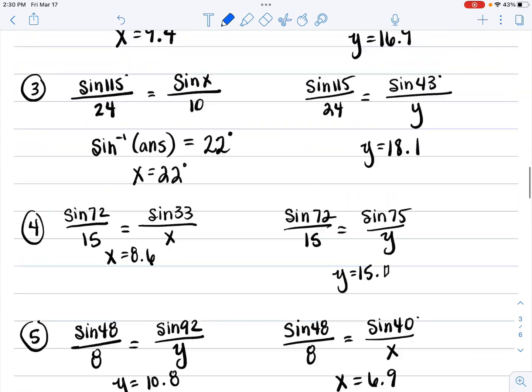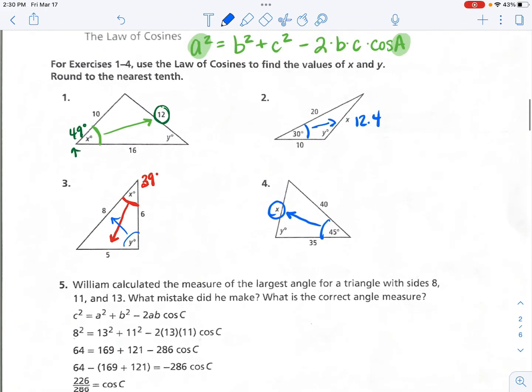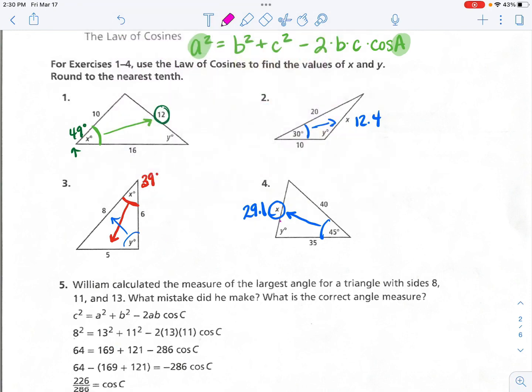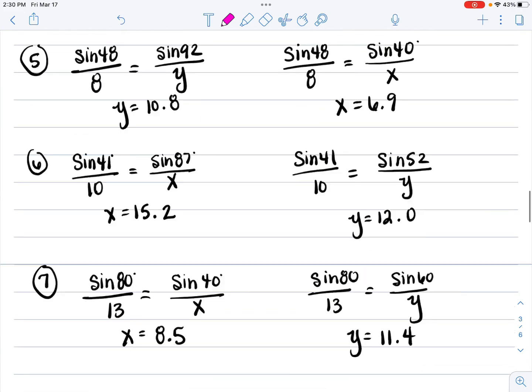All right, so as has happened on the other 3, if this is now 29.1, now I know a side angle pair across from each other. And if I really wanted to, I could do the law of sines to find y, right? Because I know y is across from the 40. And that's exactly what I'm going to do because it's a whole lot shorter.